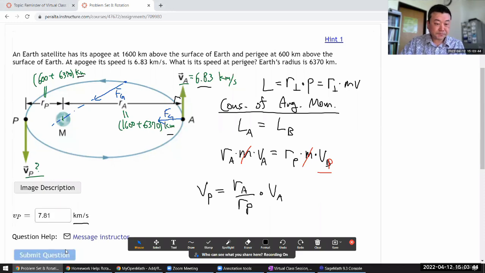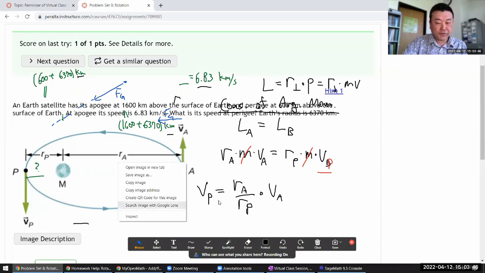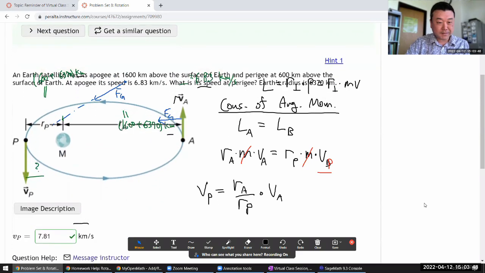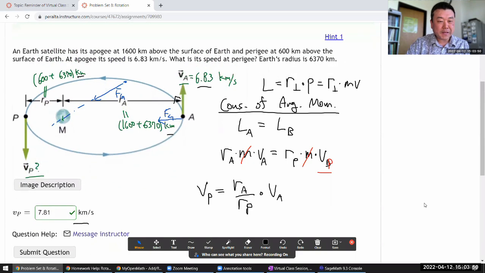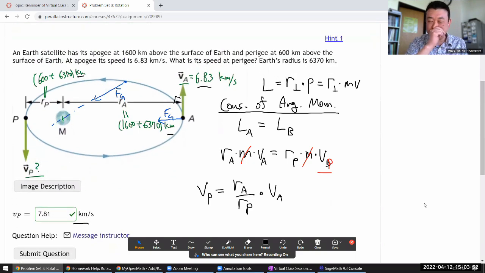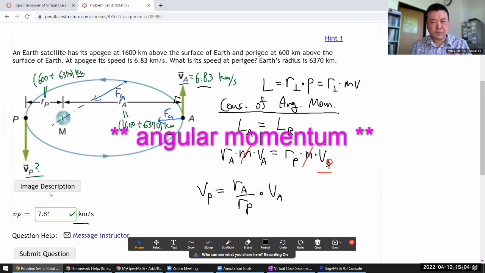And because angular momentum is the simplest way to do this question, sometimes question writers forget that the other two conservation laws actually still apply. In particular, conservation of energy still applies. Then you might think, but we already had all the knowns and unknowns to solve this using just conservation of angular momentum.